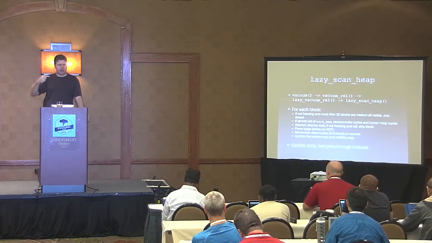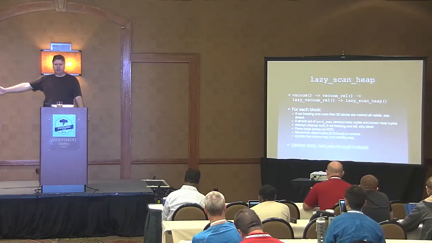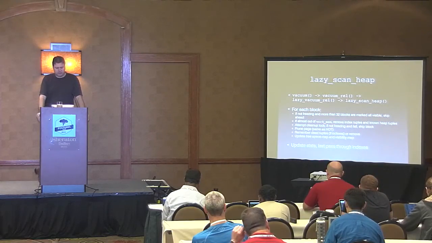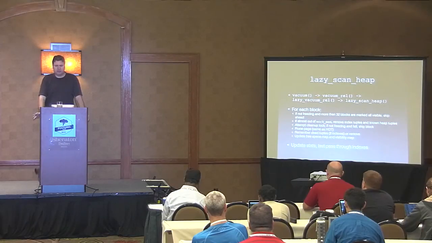That's block by block by block, going through the table, go back to the for loop, start again. Finally, once we fall out the end of the loop, we've scanned the entire table, we update the statistics, and we make the last pass through the indexes to clean up the index tuples.